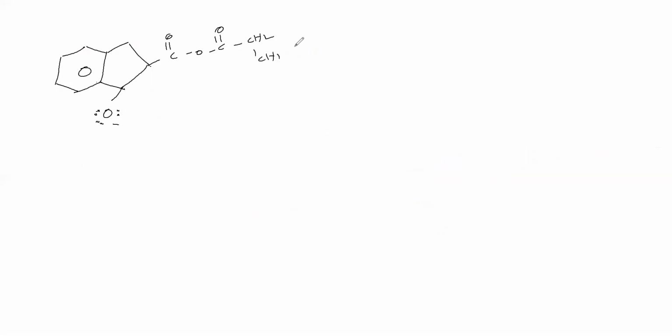Next step is this O minus becomes OH. On the 5 membered ring, O minus becomes OH. Then here CO, O, CO, CH2, Ph.